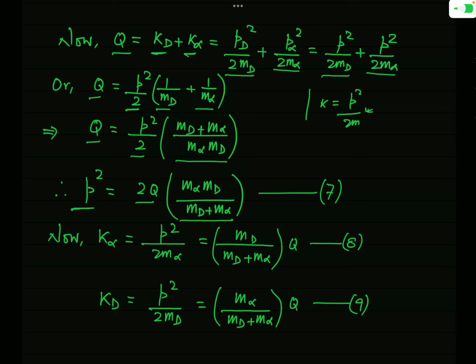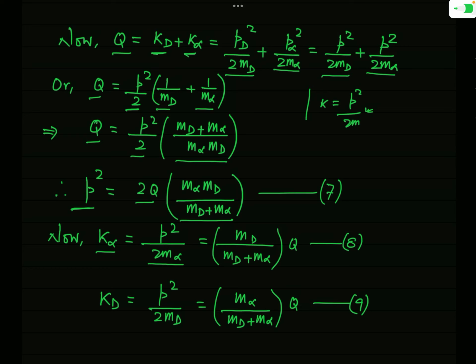Now once you get the value of P square, you can find the value of K alpha and Kd. You can see K alpha is P alpha square by 2m alpha, but you have seen that P alpha is simply equal to P, so K alpha is equal to P square over 2m alpha.